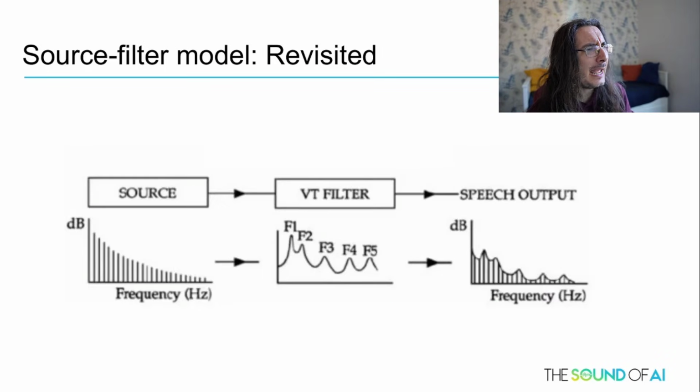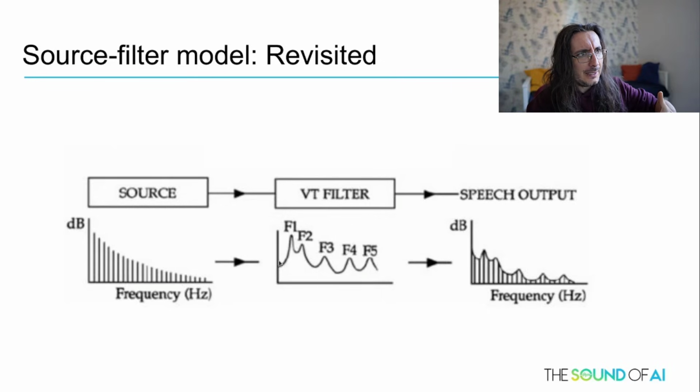Now what actually happens under the hood from a more mathematical, acoustic standpoint is that the source, the glottal sound, has a power spectrum like this, where you have energy in the fundamental frequency, and then the harmonics. Then we pass it through the filter, and the filter can look like this.